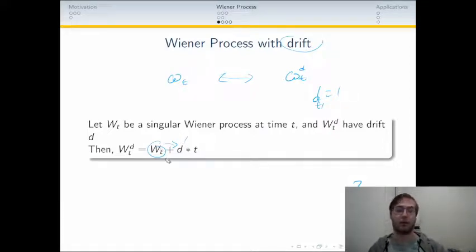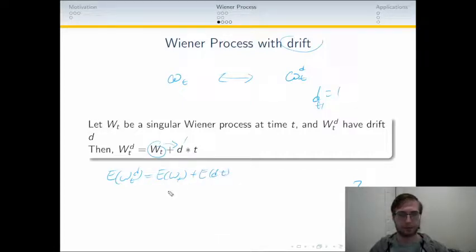This also means that if we were to take the expected value of this, it's going to be equal to the expected value of a Wiener process plus the expected value of dt. The expected value of the Wiener process is 0, and this is not stochastic at all. So this is just going to be dt. So now we know that the expected value of a Wiener process with drift is going to be equal to time times its drift.